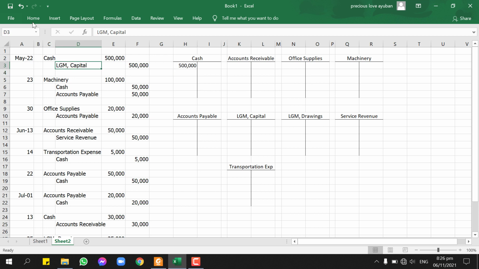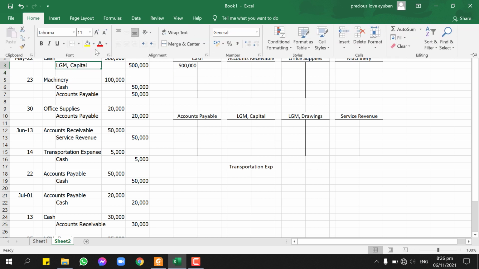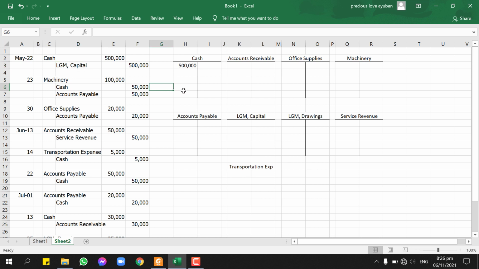Next, we have capital na naka-credit, 500,000. Next, we have machinery. Hindi ko nalalagyan ng date kasi matatagalan tayo. And then, cash, 50,000. And then, we have accounts payable on credit na 50,000. Next, May 30, meron tayong office supplies na 20,000.